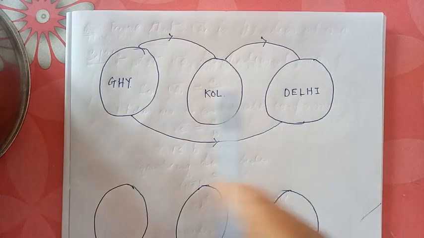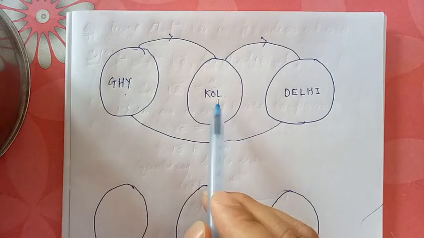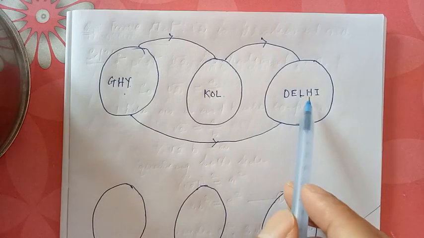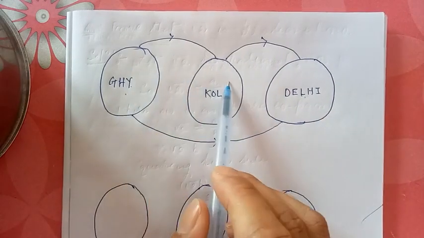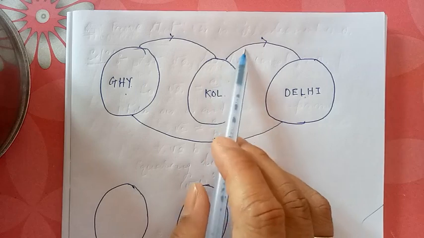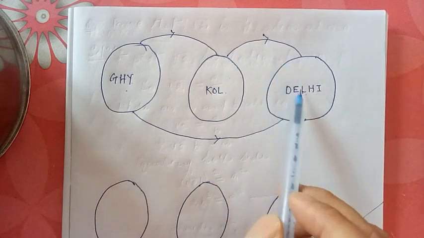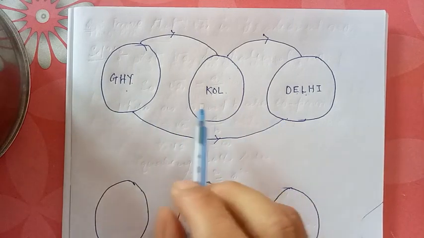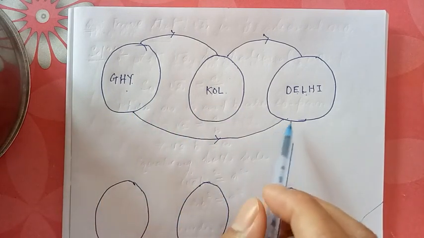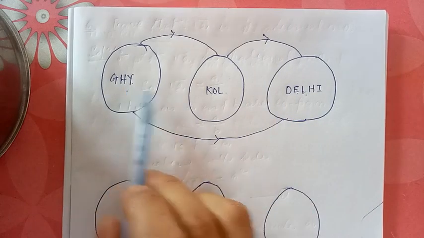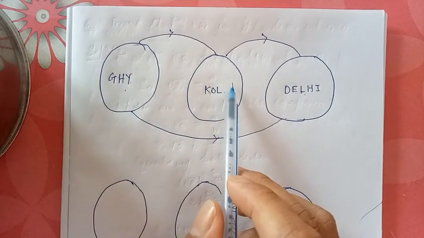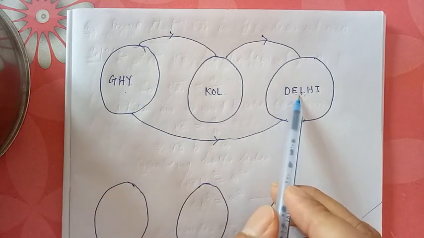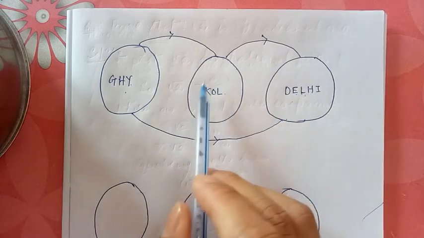The person is not interested in going to Kolkata, but there is a process to reach Delhi. He must go to Kolkata, and after Kolkata he goes to Delhi. But he is not interested in Kolkata; he is interested in going directly to Delhi. Between the two sets there is a process which is not of interest to the first and last, but for reaching there, we have to proceed through this step also.